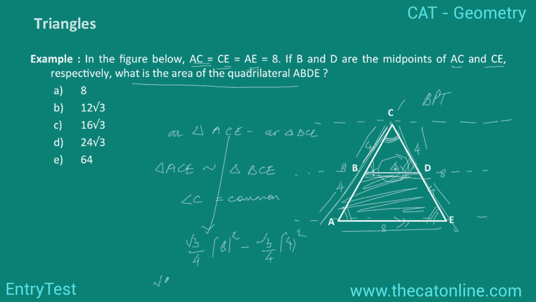I can take root 3 by 4 common. It will be 8 square minus 4 square. I can do a square minus b square as a plus b into a minus b. So I'll get 12 root 3 as my answer for the area of the quadrilateral ABTE.